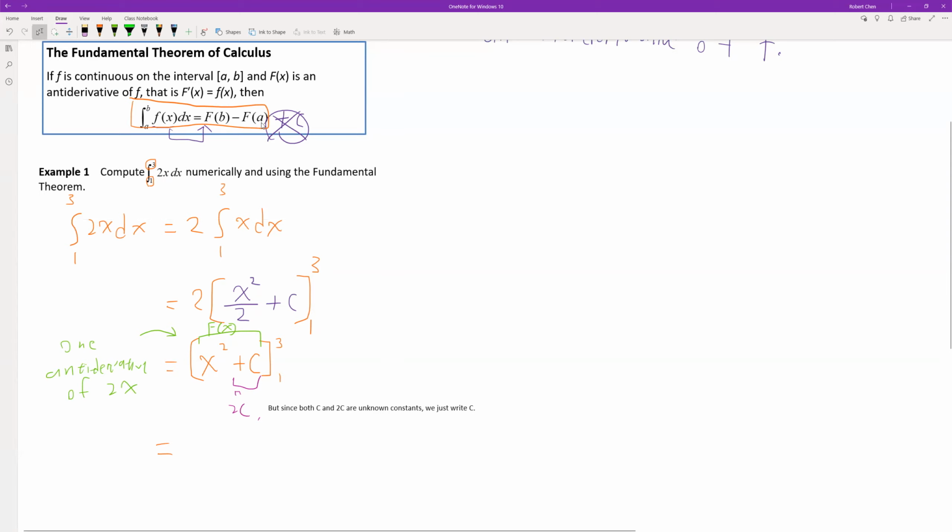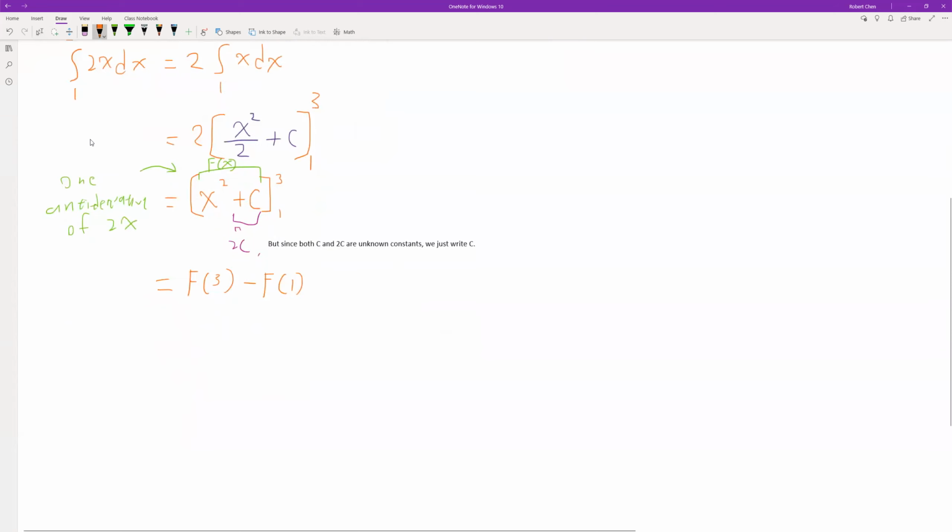So here we're going to do capital F of 3, that's our upper bound, minus capital F of 1, which is the lower bound. Let's see what we have. F of 3 is just 3 squared plus c, minus 1 squared plus c.